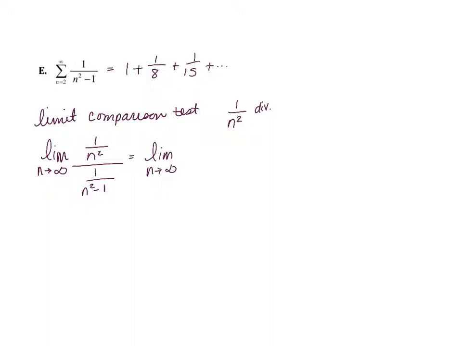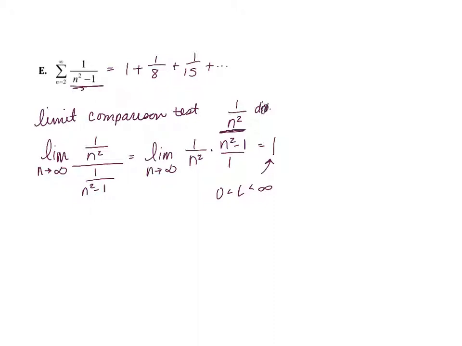And of course we have the limit as n approaches infinity. And we're going to do the keep, change, flip business here. So that's 1 over n squared times n squared minus 1 over 1. And we see that that limit is going to head off towards 1. And as long as this value that we get for our limit is between 0 and infinity, aka positive, then whatever this does, then this will also do.